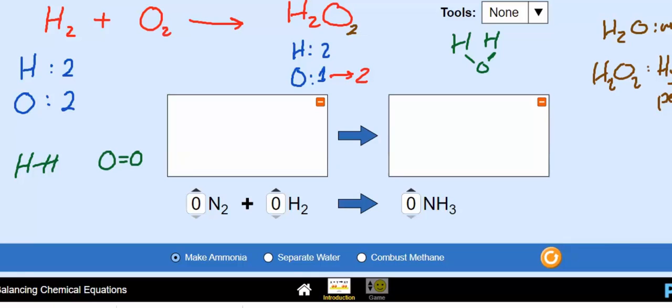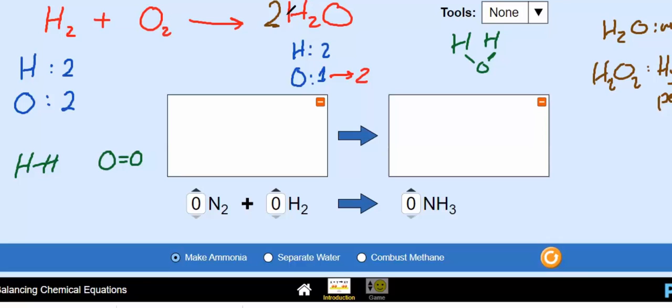We cannot change subscripts. What can we do in a chemical equation? What can we change in order to balance it? We can change something called coefficients. Coefficients are the numbers that precede the formula. So I can change oxygen to 2, not by changing the subscript, but by changing the coefficient. So I can put 2 here.